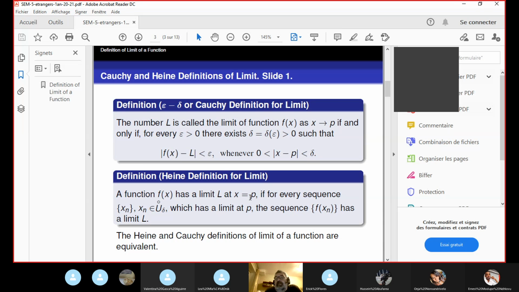As in my example, for this very simple function, which is a constant up to, for example, x equals 1, but at the point x equals 1, the value of this function will be 2. So on one hand, the limit as x goes to 1 exists, but the value of this function does not coincide with the limit of this function. The value and the limit are different things. You see?